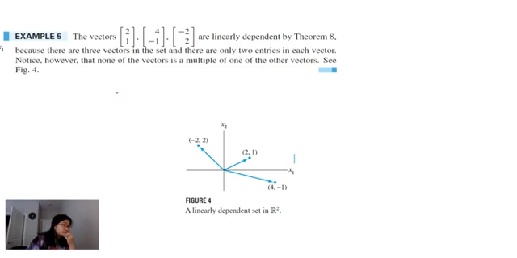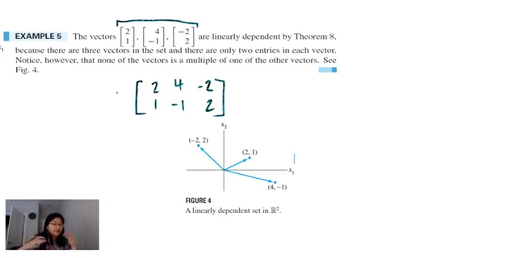So with that, we have a set of 3 vectors that are in R2. And these are linearly dependent because if we take a matrix and throw these in as columns, we have a wider than tall matrix, and we can get one of the columns from a linear combination of two of the other columns.